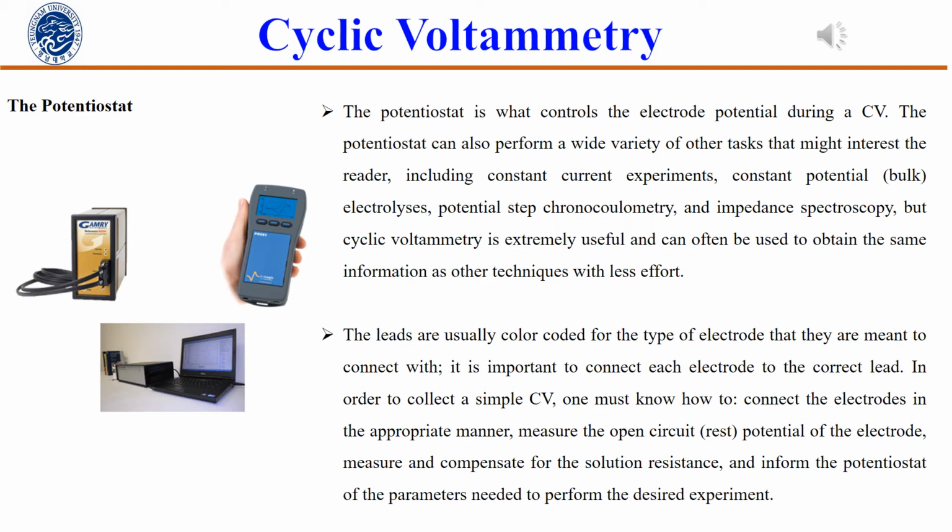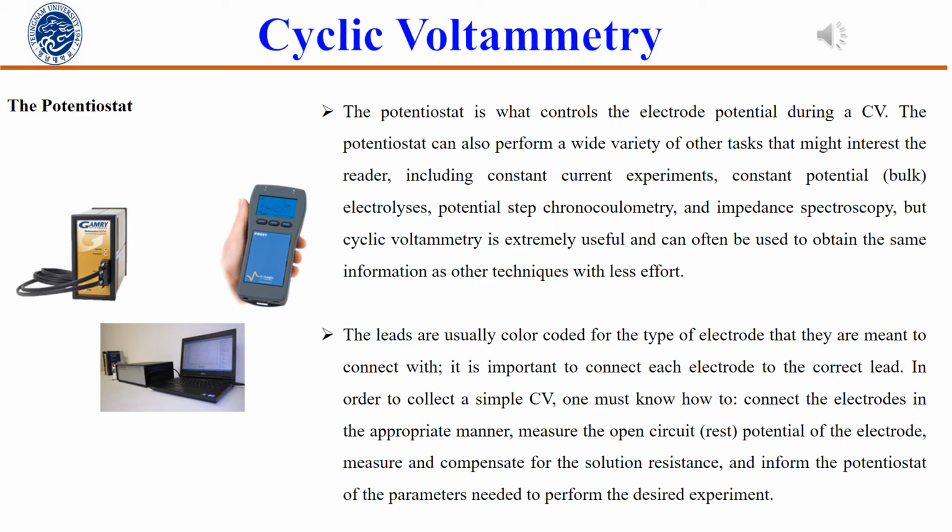Every wire or lead has a specified meaning. That means we should connect a particular wire to a particular electrode. One wire is designated for the working electrode only, another must be connected to the reference electrode, and another must be connected to the counter electrode.